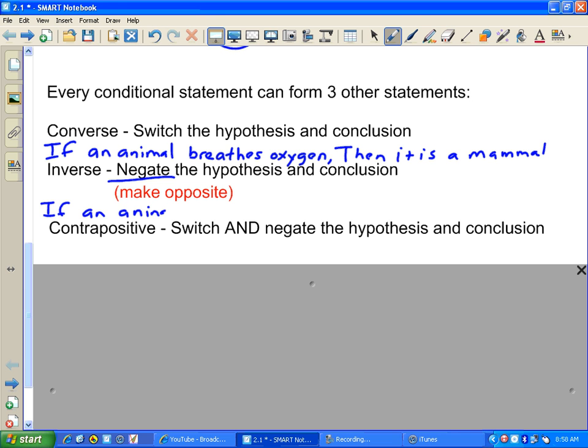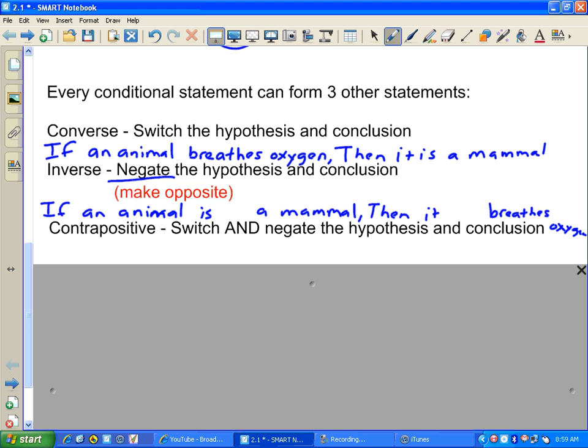So if an animal is a mammal, then it breathes oxygen.